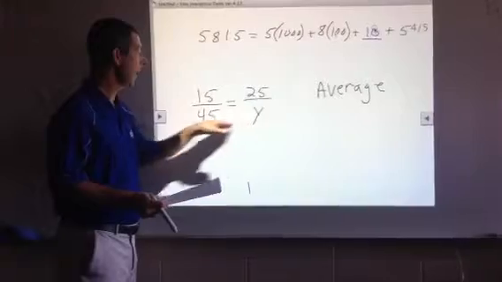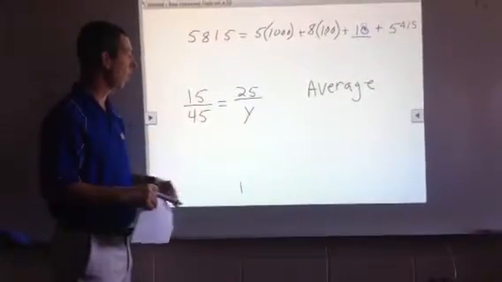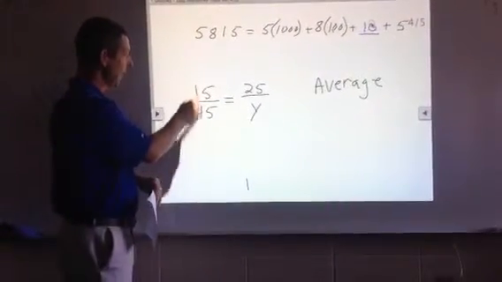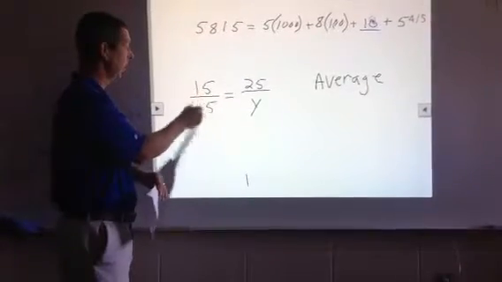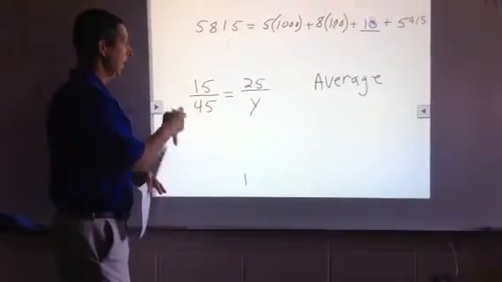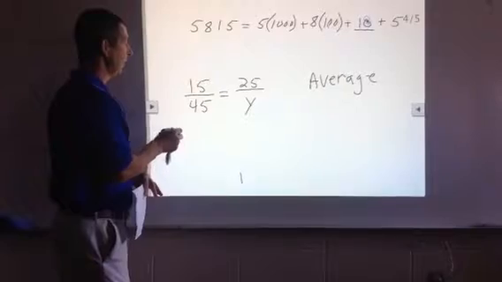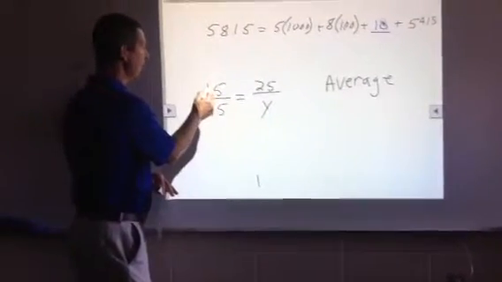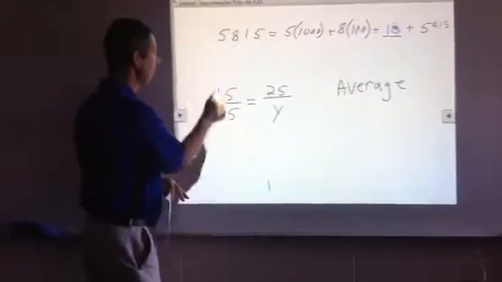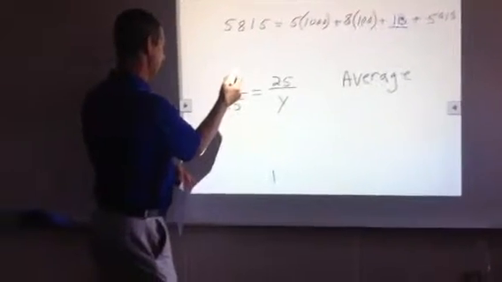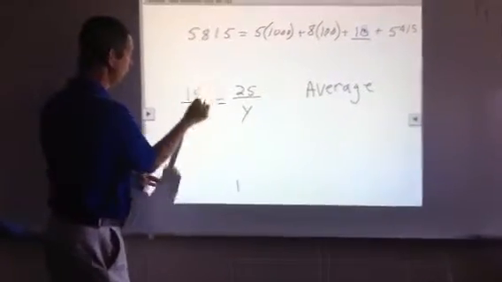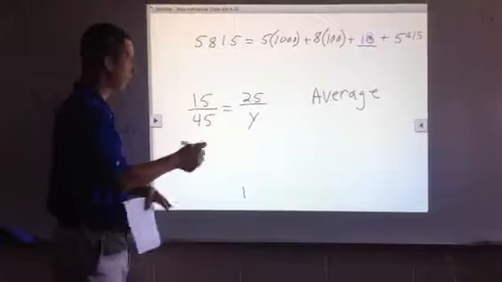Here we have a situation where we're going to solve for y. The easiest thing to do is to write the fraction in lowest terms, and then that will go into 25 evenly. Or we can do this, let's cross multiply, it's probably easier.